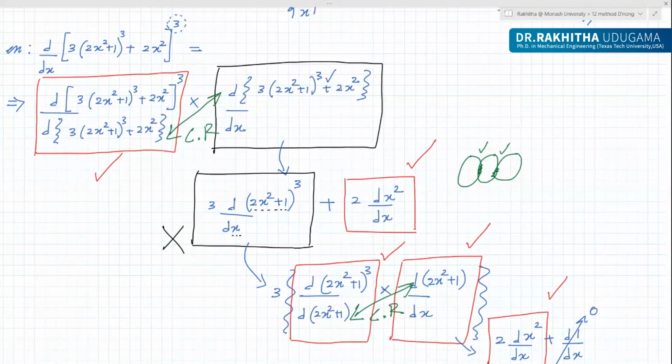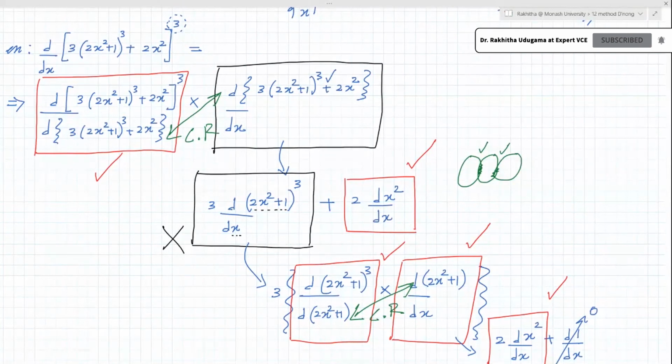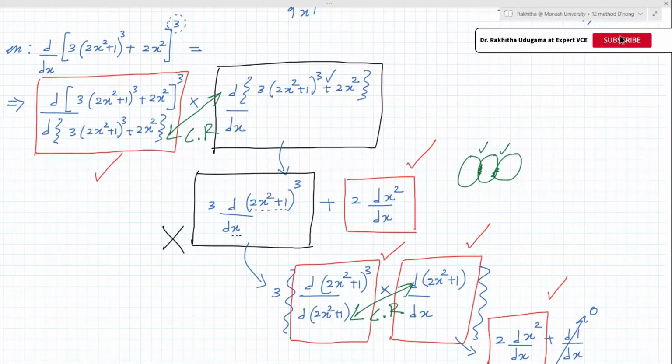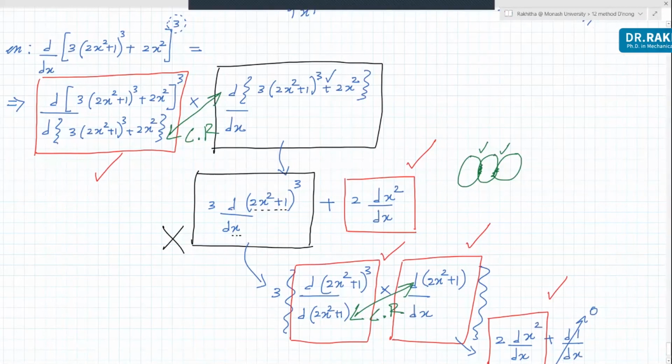When we understand it, we have to do hard questions so that we understand it to the right depth. Any questions? Any questions?